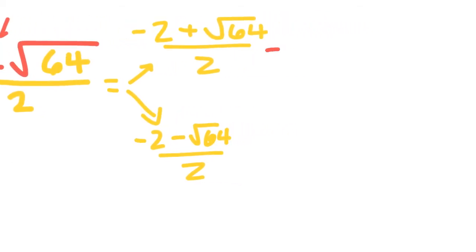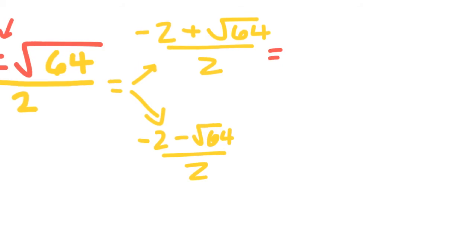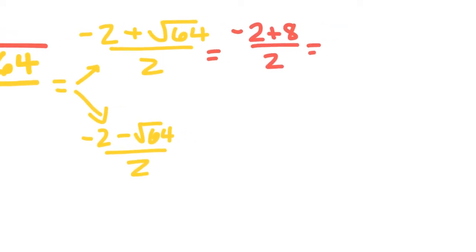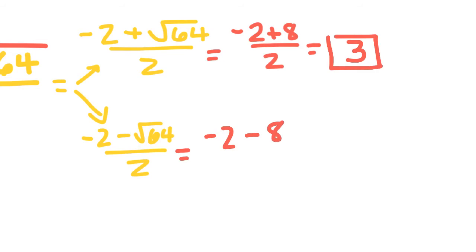So since the square root of 64 is 8, negative 2 plus 8 over 2 would give us a solution of 3. Negative 2 minus 8 over 2 would give us a solution of negative 5.